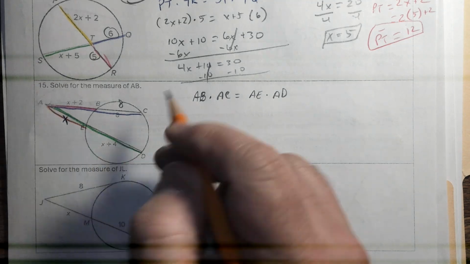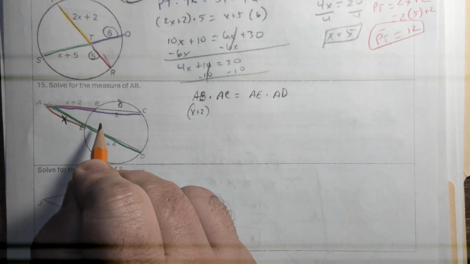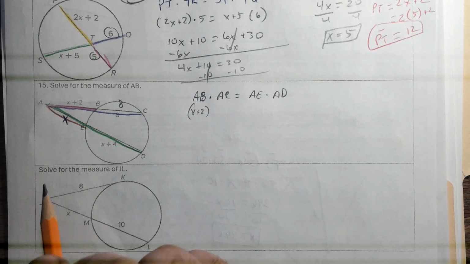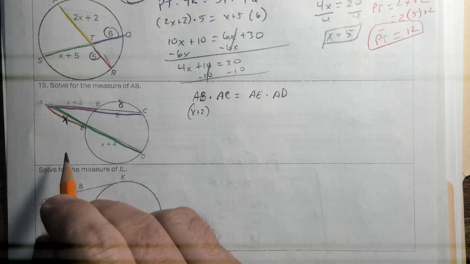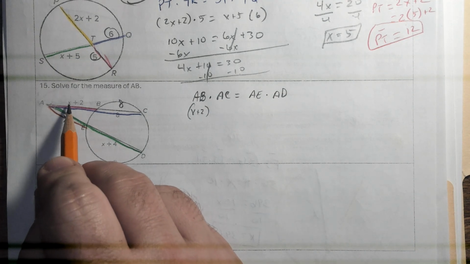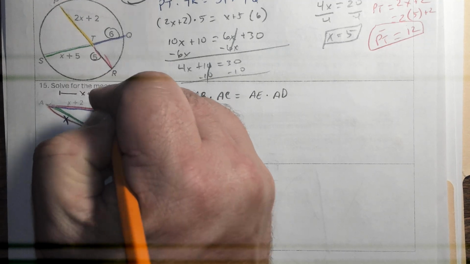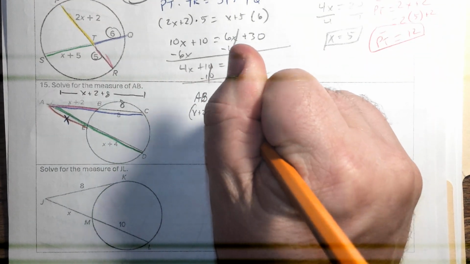So AB is x plus 2. AC is this plus... How do we do that? All right, I'm going to go with it. So if this is x plus 2, this whole thing is x plus 2 plus 8, which is x plus 10.